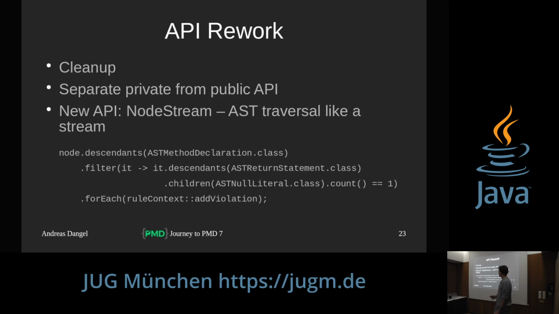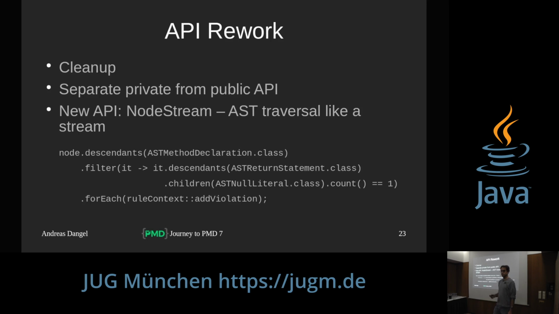Yeah, there is one interesting new thing. There's also the new node stream API. That's an alternative to the visitor pattern. So when you implement a rule, you currently write a visitor that visits the abstract syntax tree to find the interesting parts.